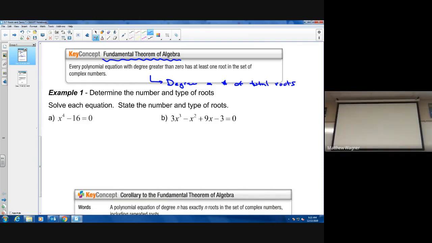So if you have a degree 2 polynomial, a quadratic expression, there are two answers, whether they're real or complex.